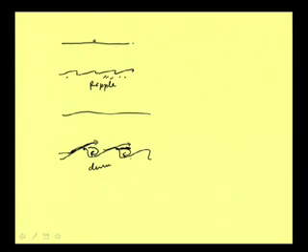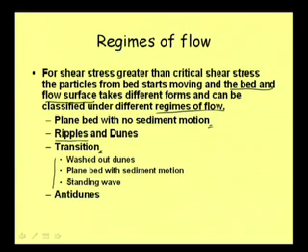Then after that, a time will come when the velocity is increasing, the discharge is increasing beyond a certain limit, and then we talk about transition, meaning initially the dunes will be washed away. So that is what we were talking about, this part, the transition, the washed away dune.